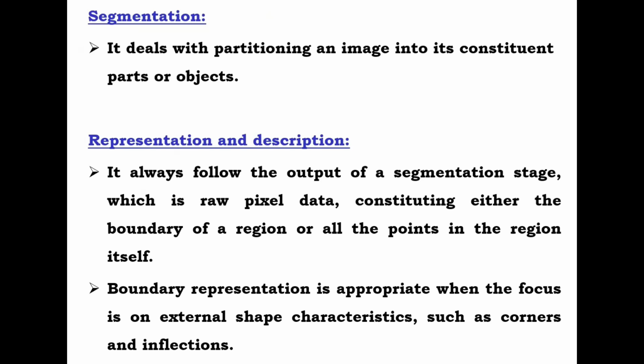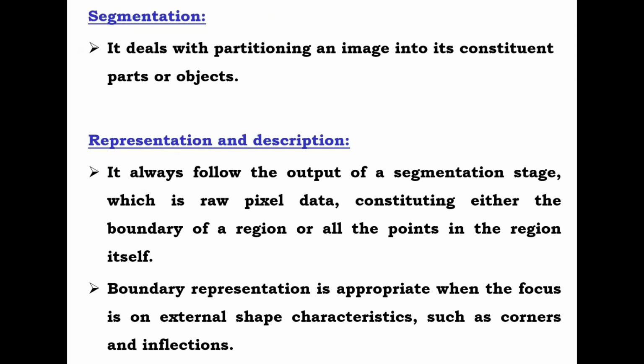The next step is representation and description. Representation and description almost always follow the output of the segmentation stage. Generally the output of segmentation is raw pixel data. It contains either the boundary of a region or all points in the region.